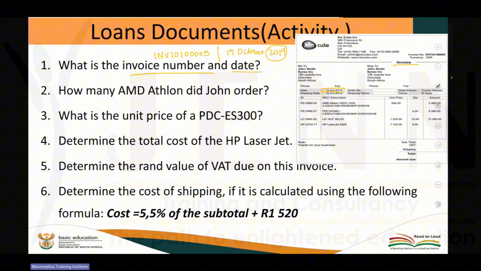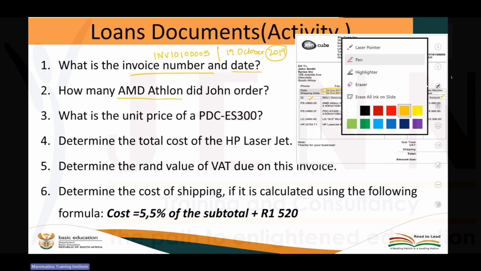Now we go to the details of this invoice. It has a description column. It has an ID number. It can be just a number attached to that particular item. Remember, I spoke about the unit price, the quantity, and the amount per item.